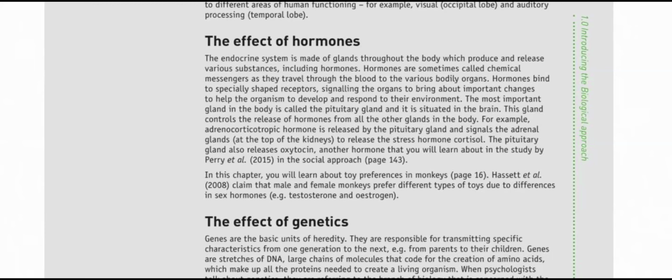The nervous system was taking care of all nerves in the body, but the endocrine system takes care of all, let's say, glands in the body. So it takes care of all the substances in the body, every different type of substance that is a part of the body, right?